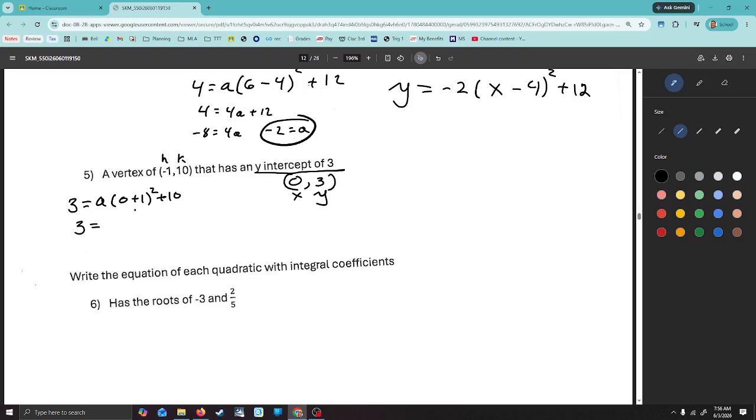So 3 equals 0 plus 1 is 1, 1 squared is 1, a plus 10. Minus 10 on both sides, negative 7 equals a. So our final answer, y equals negative 7 times (x plus 1) squared, plus 10.